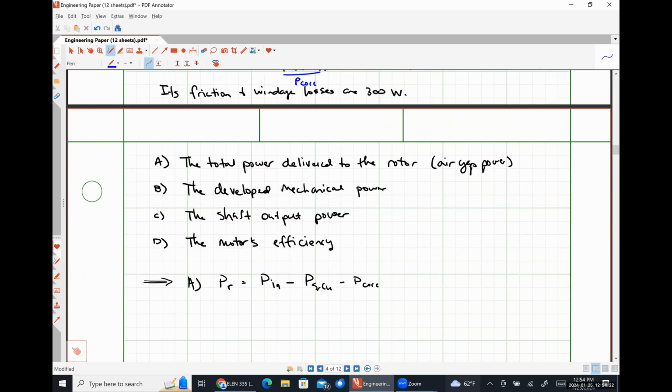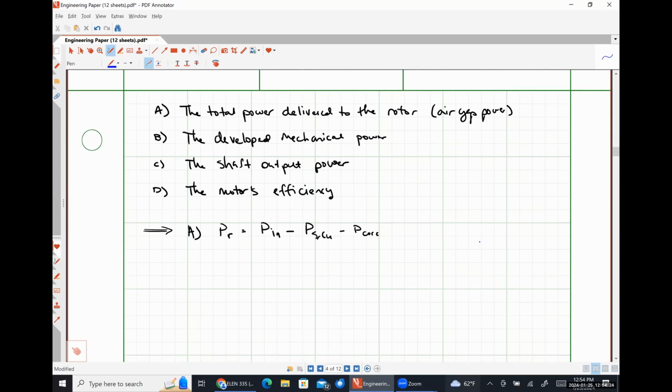So we're going to go back to our circuits relationships. So our input power for a simple single phase system would be the magnitude of my voltage at the input times the magnitude of my current at the input times the cosine of the difference between the phase angle of my voltage and the phase angle of my current, right?